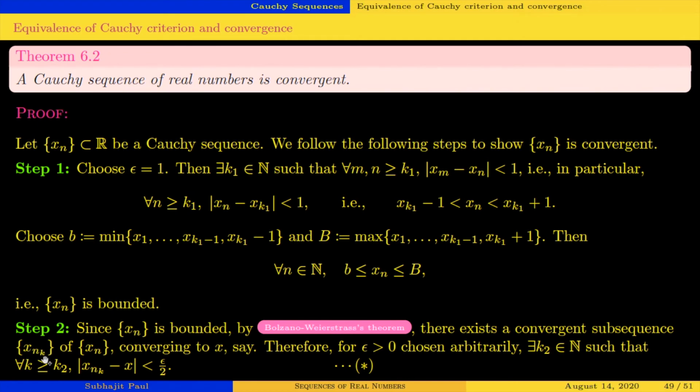So follow these indices properly. Here we have changed from n to k. xnk is a subsequence of xn, so there exists a k2 such that for all k greater than k2, k is the running index here, xnk minus x is less than epsilon by 2.